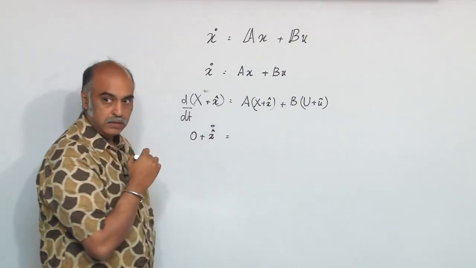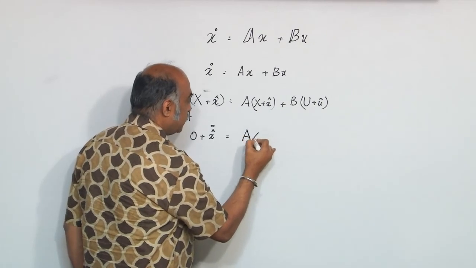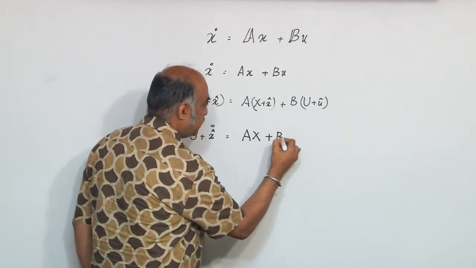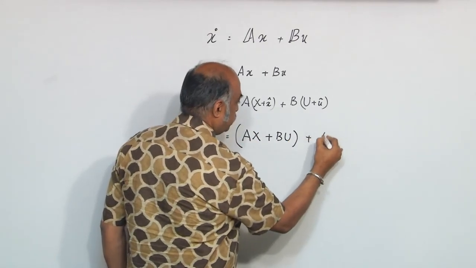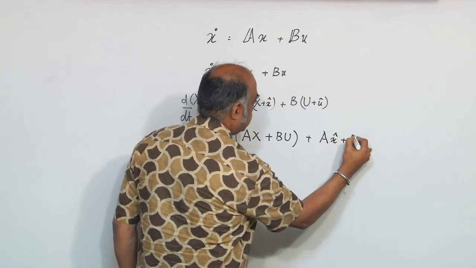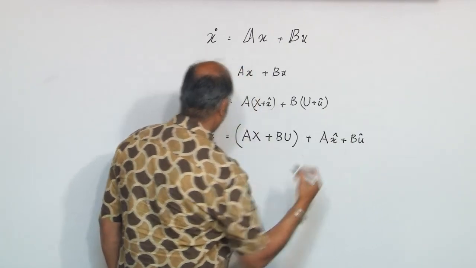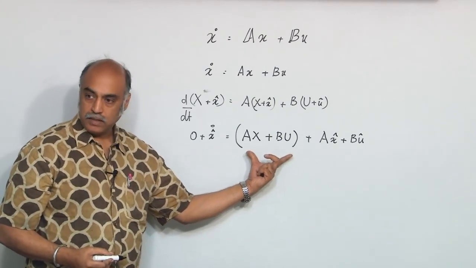I will put it like this. So, you have A x plus B u, A x hat plus B u hat. Okay. So, this is the steady state portion.